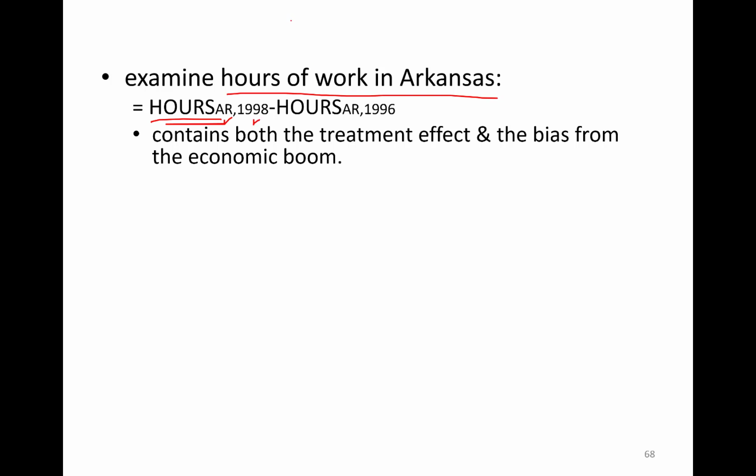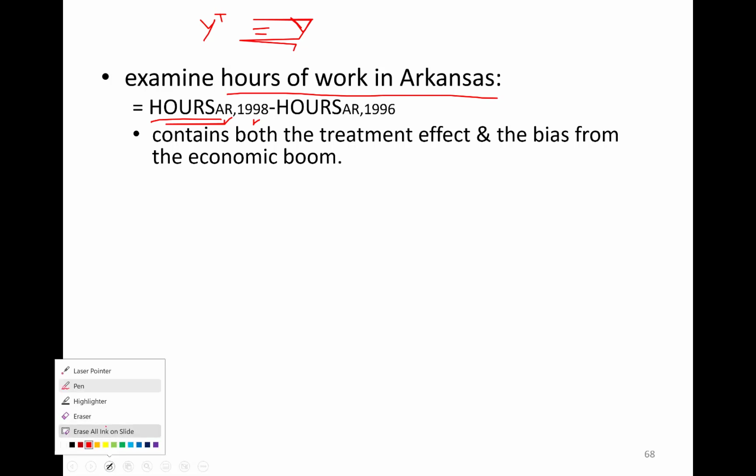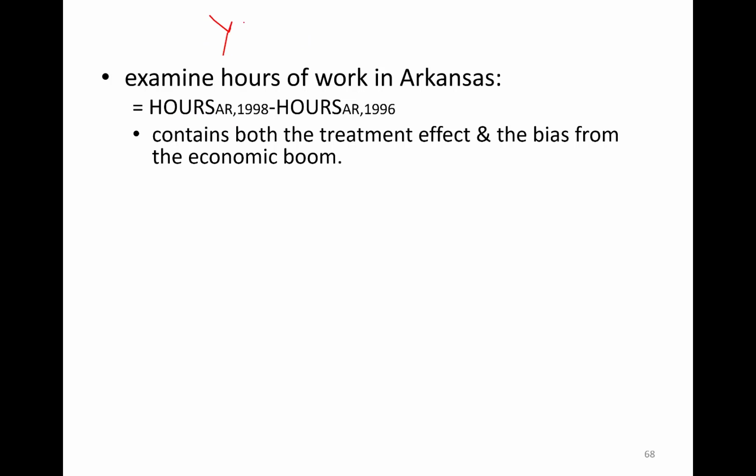So what we do usually is, you look at Y treatment. Y is the outcome we're looking at. Here it's hours, right? So you look at hours. Y treatment, the outcome of the treatment.